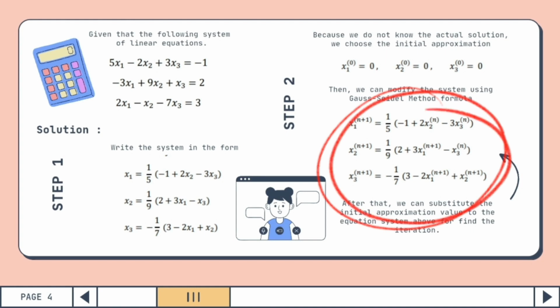And the last equation gives x3(n+1) equal to negative 1/7 multiplied by (3 minus 2x1(n+1) plus x2(n+1)).